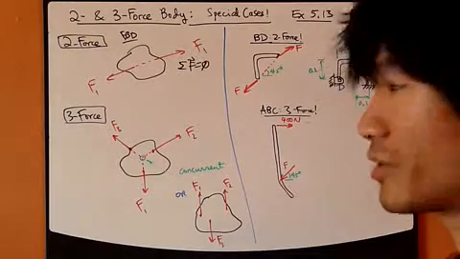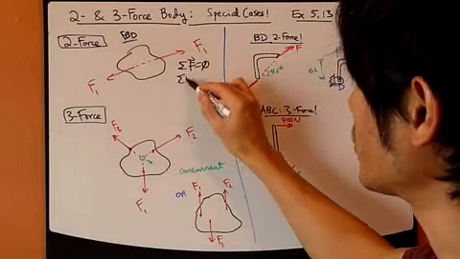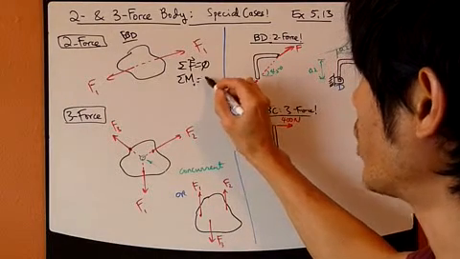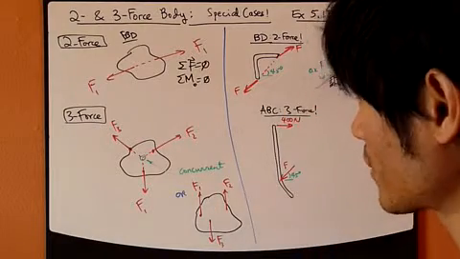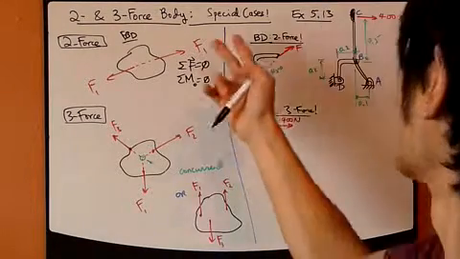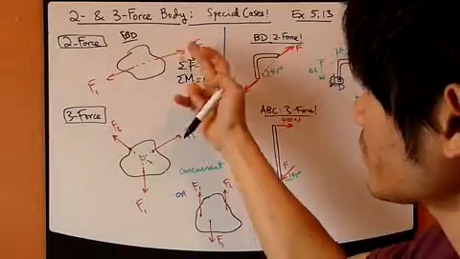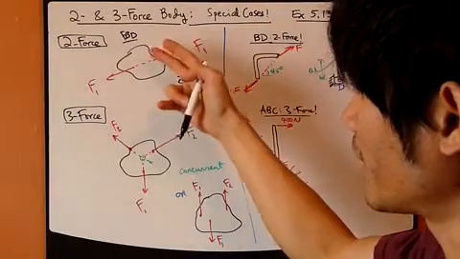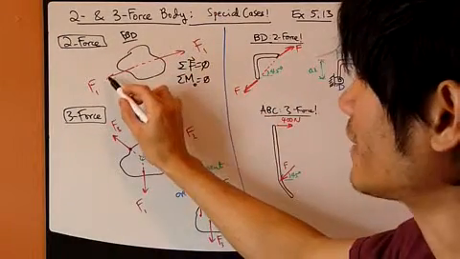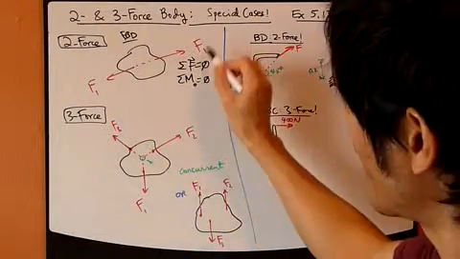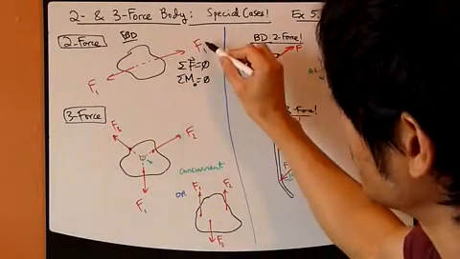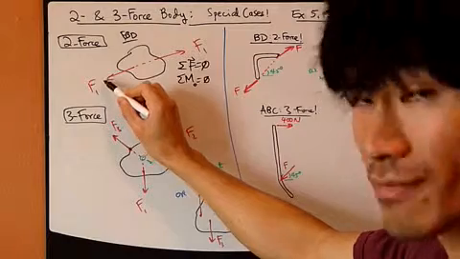sum of forces must equal 0, and also the sum of moment about any point also must equal 0. This implies that these two forces applying on this rigid body must be acting along the same line of action. Just so that for this first equation, this force cancels out this force.